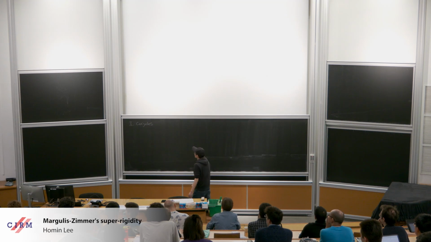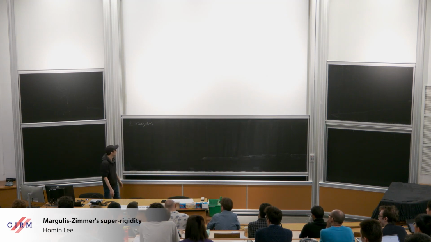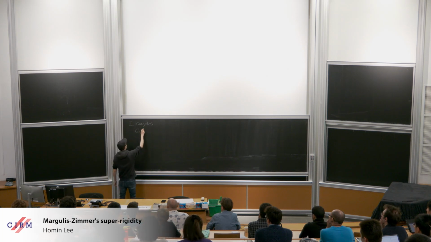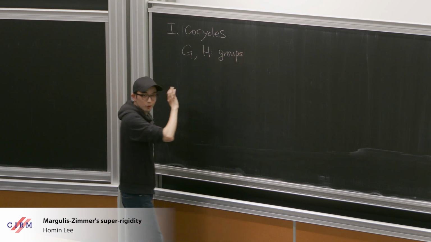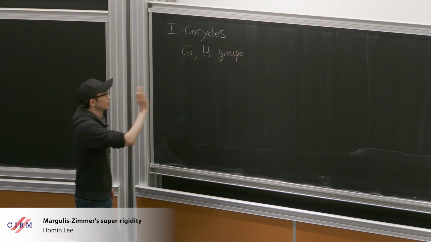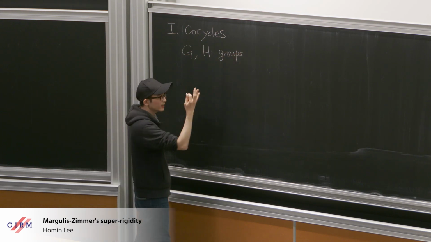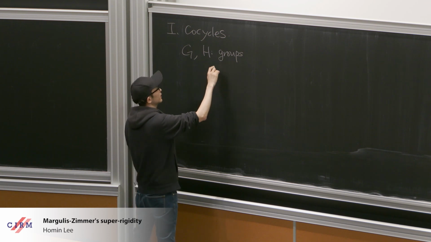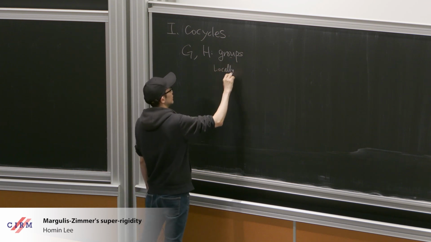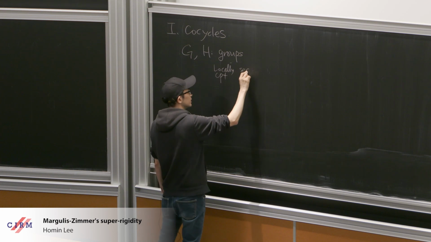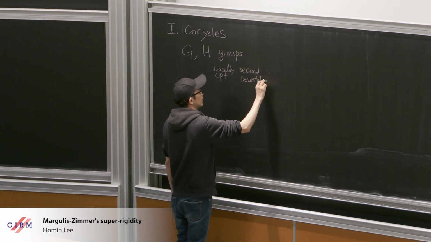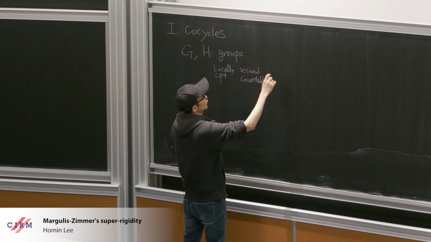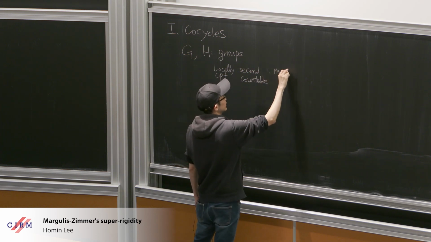So let's start with the cocycle. In order to avoid many technical difficulties, G and H are groups, but for me, groups are nice groups. If you want to put any kind of topological assumption, that's fine: locally compact, second countable, and metrizable or something like that.